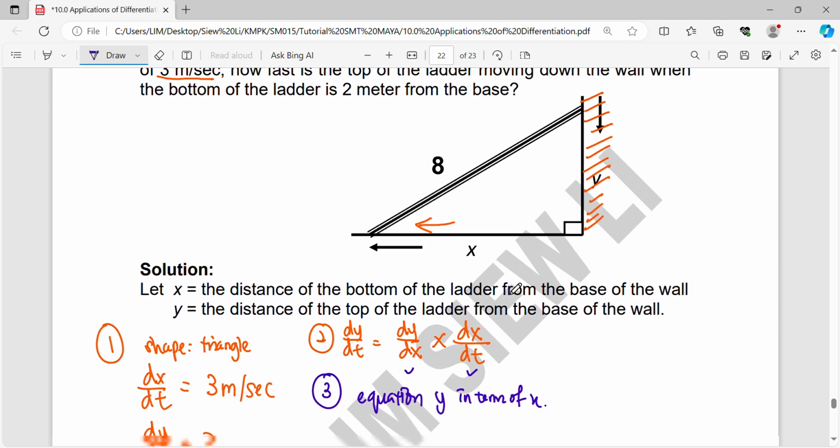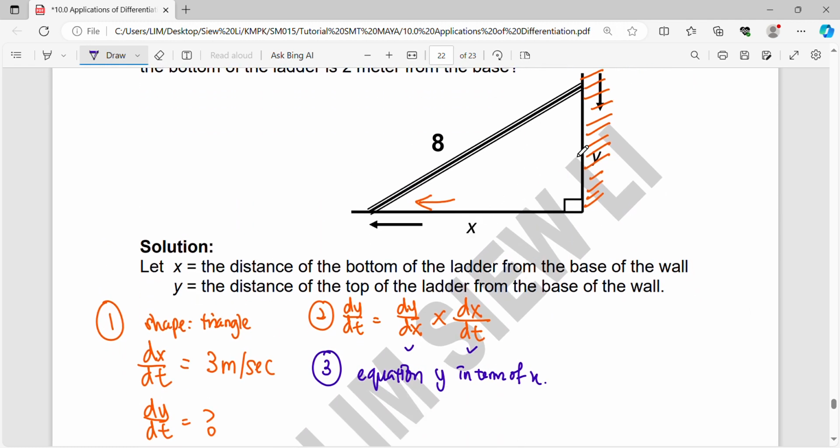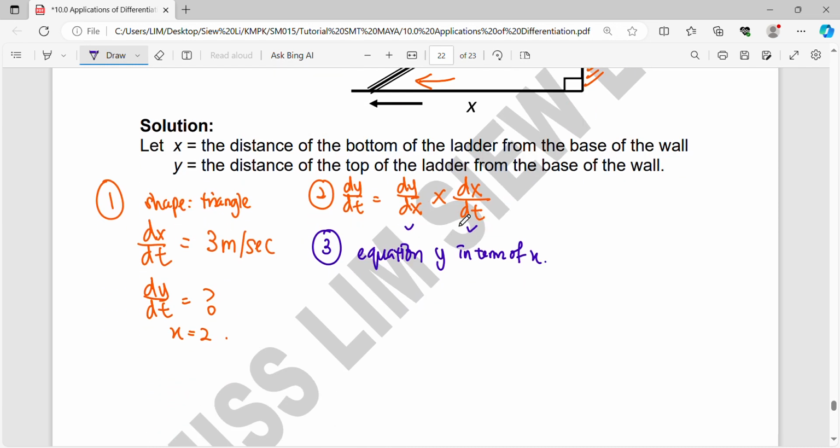What's the equation that can link x, y and this 8? For a triangle, normally we can deal with the Pythagorean theorem. So based on the Pythagorean theorem, x squared plus y squared equals the hypotenuse squared. So x squared plus y squared equals 64. So this is our equation, in terms of x and y.